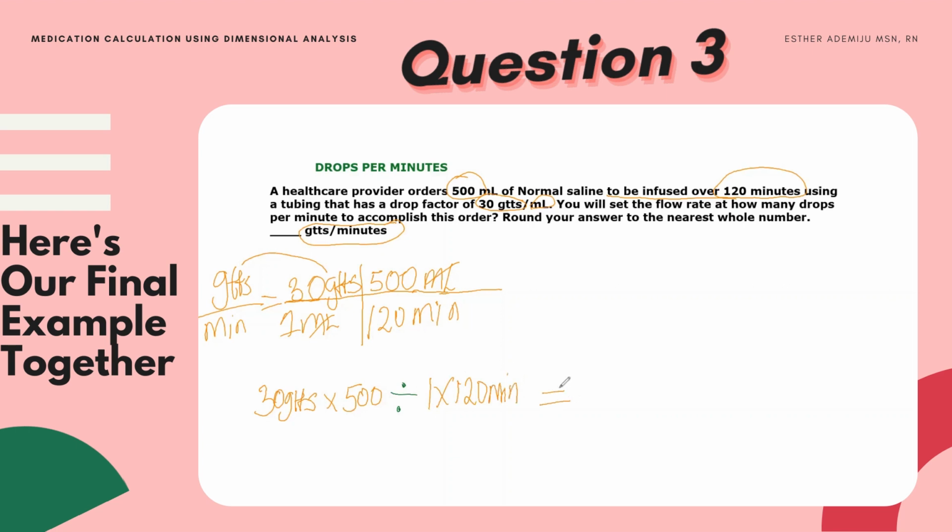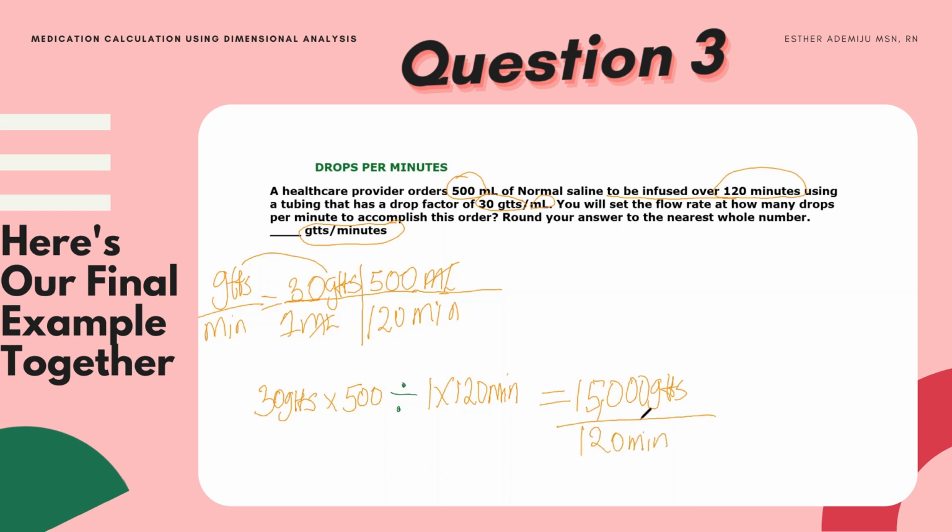So 30 multiplied by 500 should give us, let's get out our calculators, will be 15,000 drops divided by 1 times 120, which should give us 120 minutes.